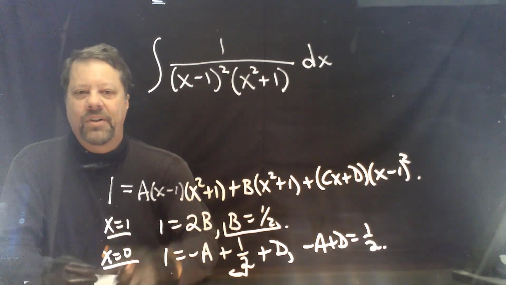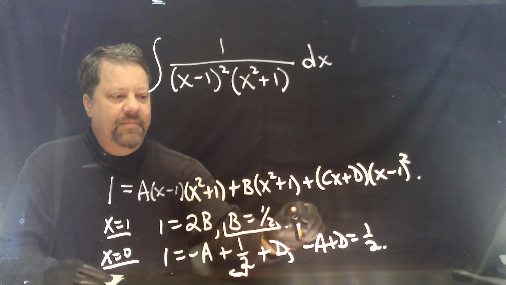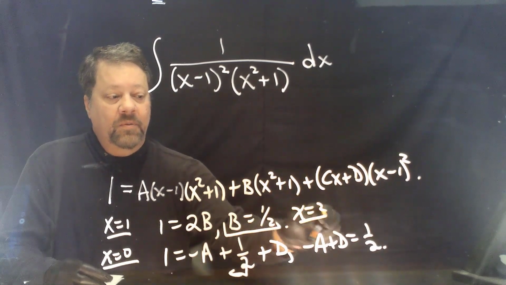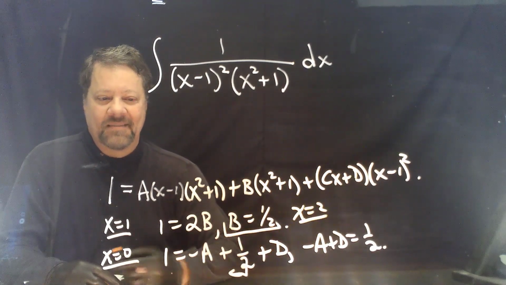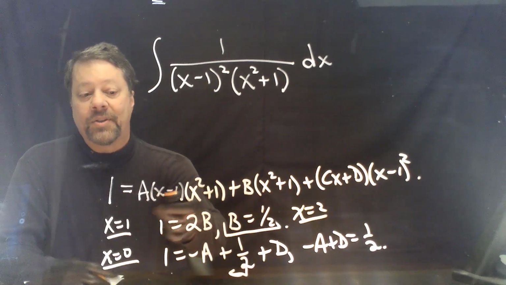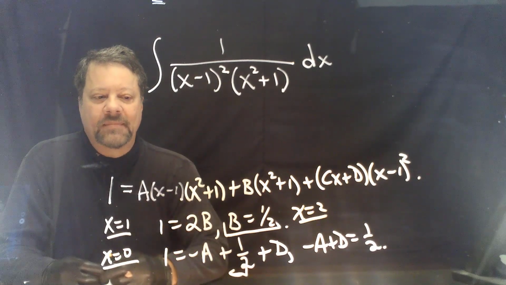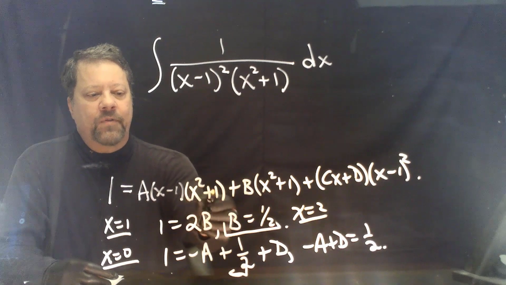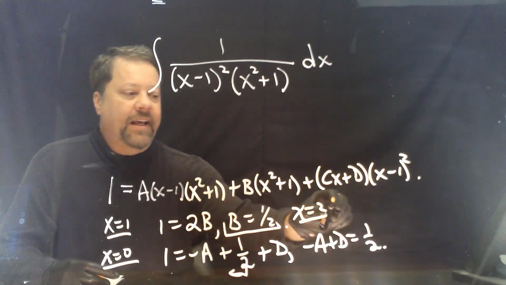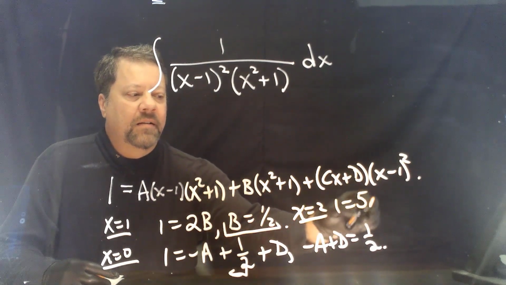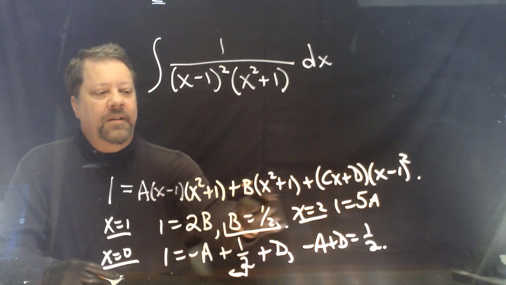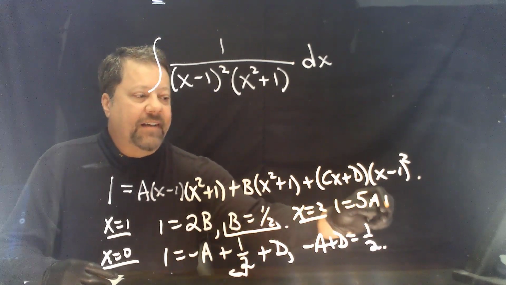There are no real good choices for x, so we'll just play the hand that we've been dealt. 2 seems like a good choice because 2 minus 1 is 1. But you get 2 squared is 4 plus 1 is 5. That gives you 5a. You get 5b, that's 5 halves.